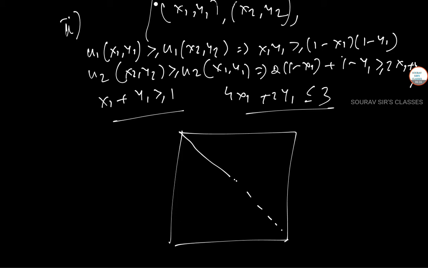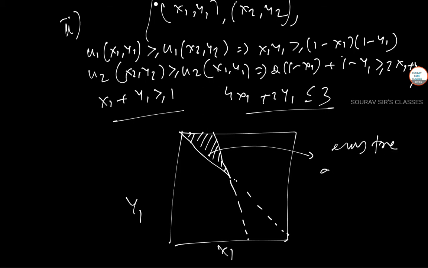Here you are measuring x1 and here you are measuring y1. So all allocations inside this area, whatever is the solution, satisfy the simplified conditions and therefore represent the envy-free allocations in the economy.